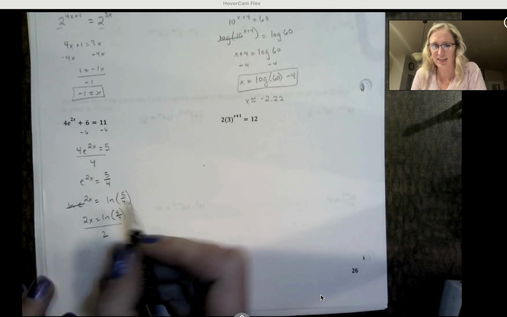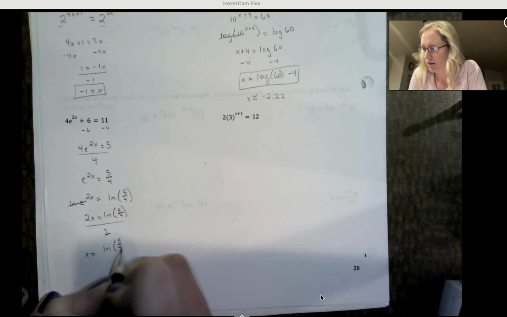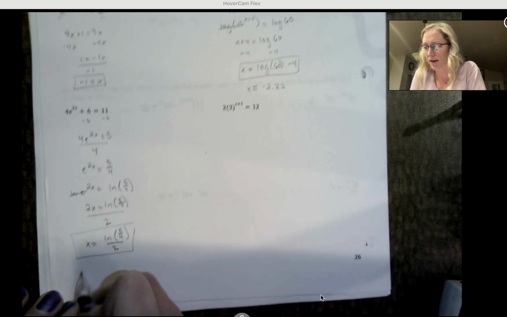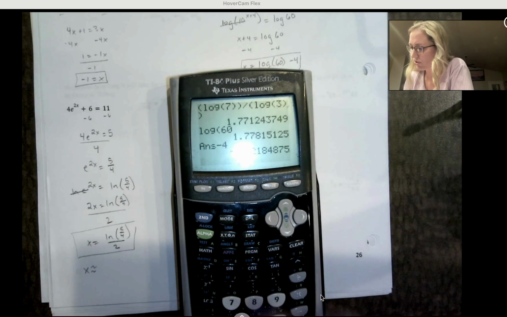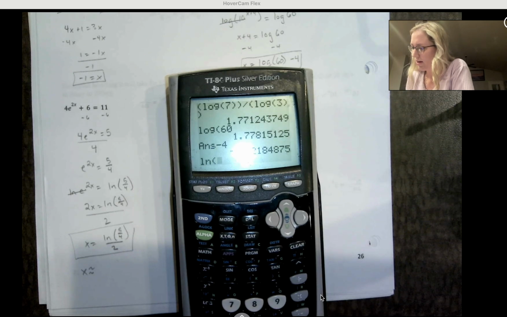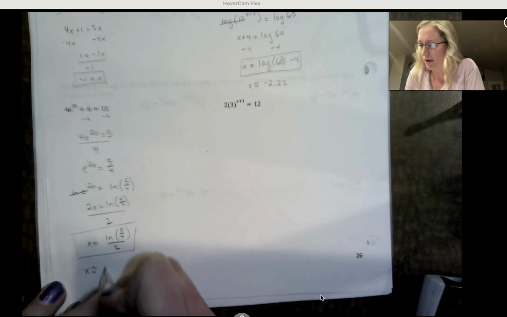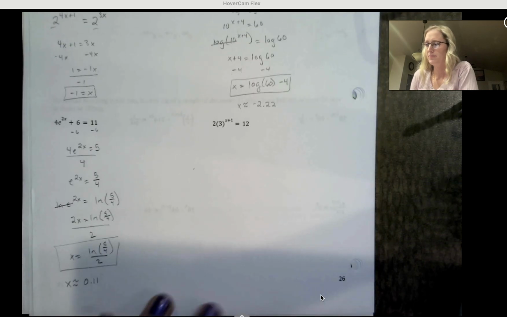So my exact answer is natural log of 5/4 divided by 2. My approximation, again, I have natural log as a button, so I can enter this in the calculator. So we've got natural log of 5/4 divided by 2. So approximately 0.11. Okay, next problem here.